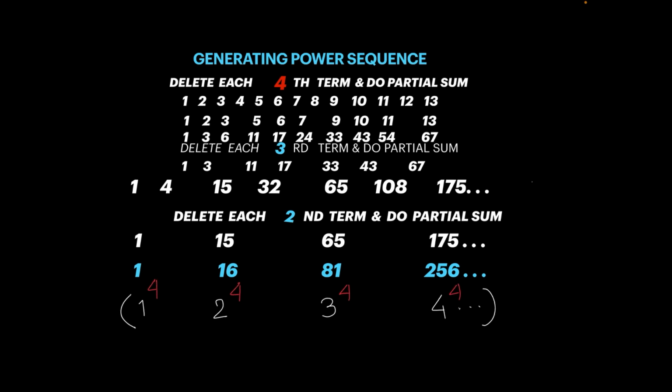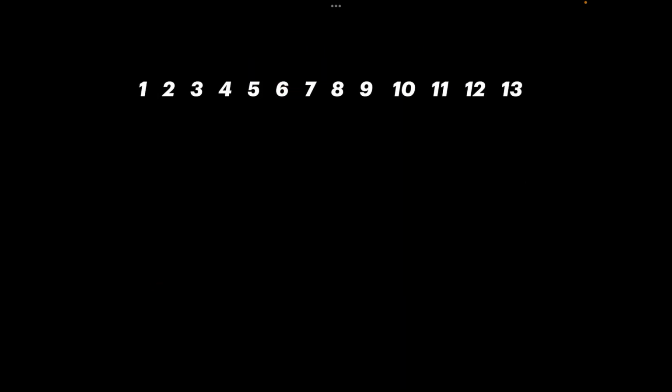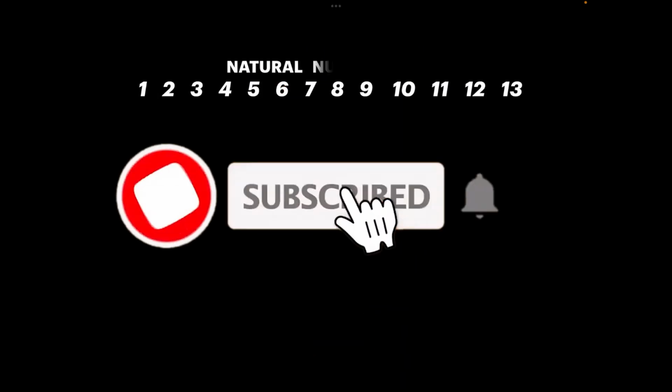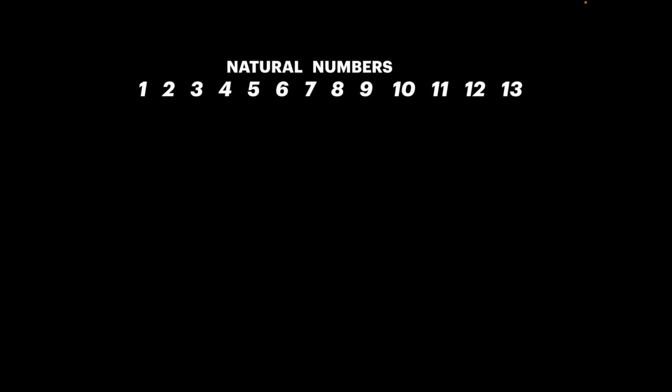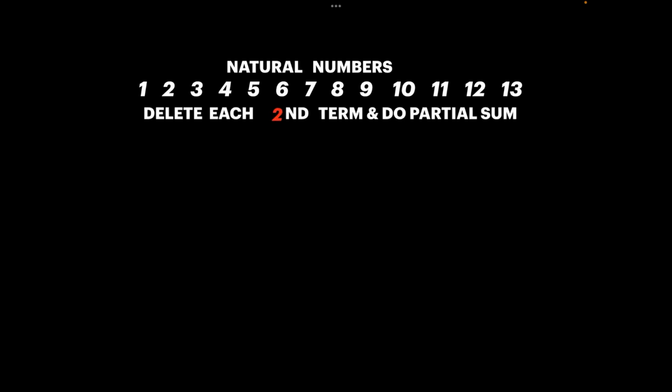And if this pattern follows, then we may get any power sequence from the natural numbers. So now we may review all the results that we have got from natural numbers.